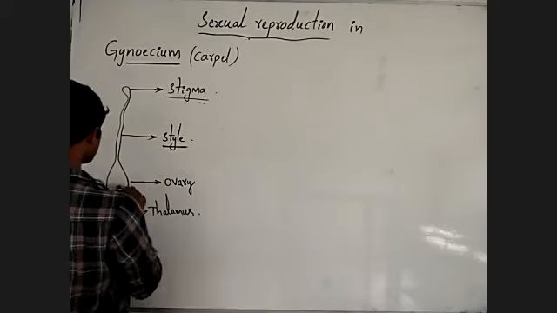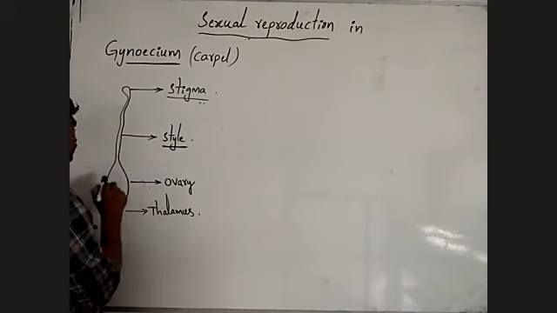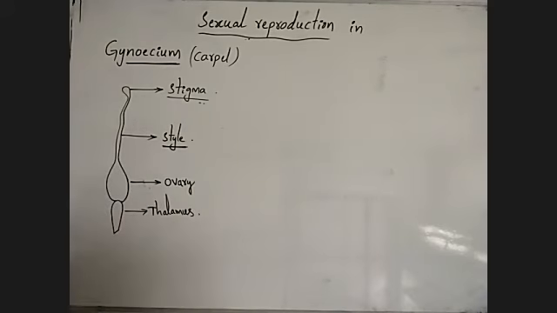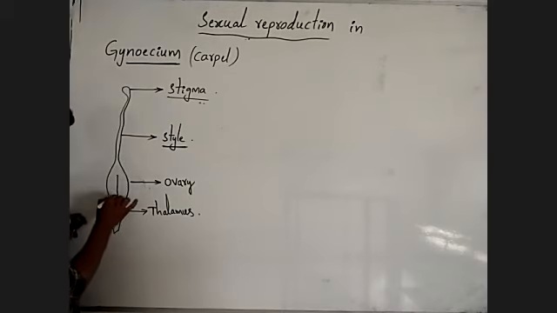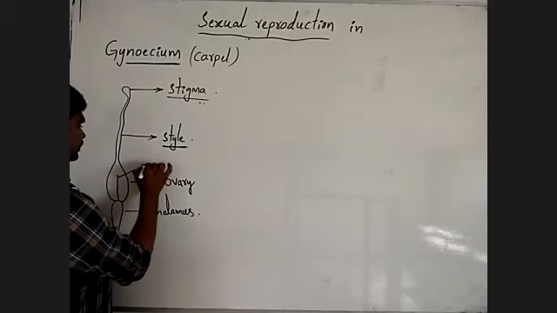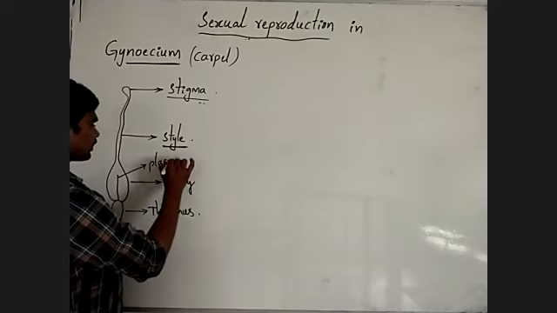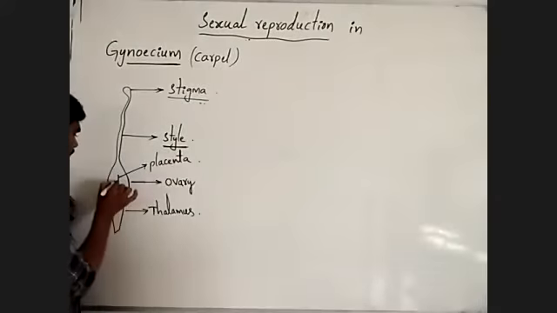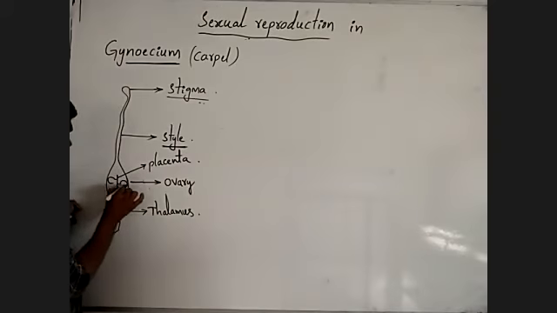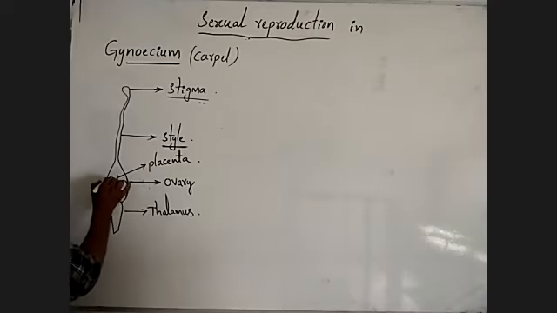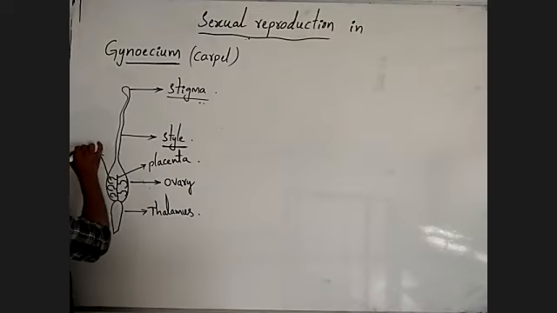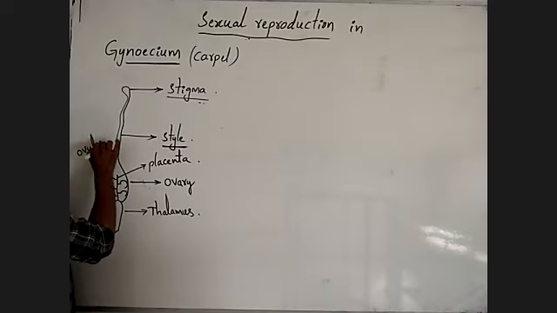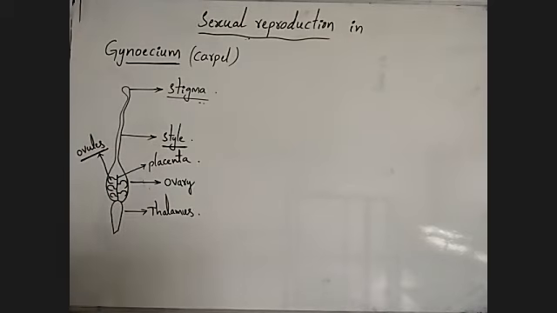Next, inside the ovary, we can observe a cushion-like structure. It is called the placenta. On this placenta, a number of oval-shaped structures are present. These oval-shaped structures are usually called ovules.